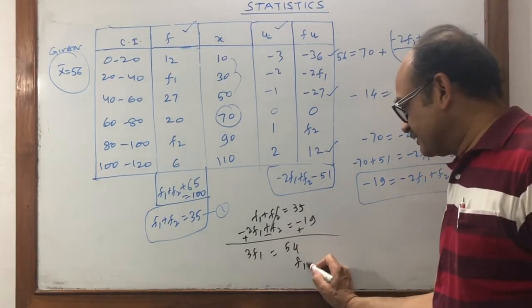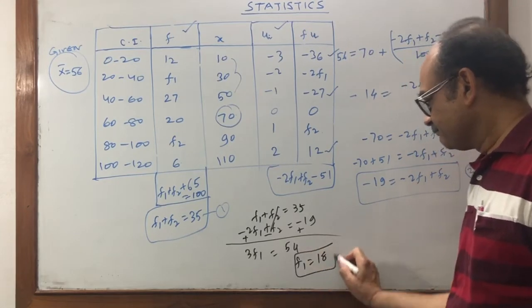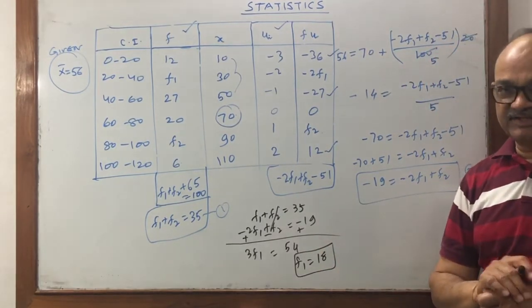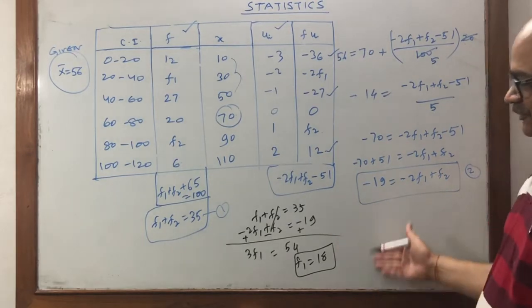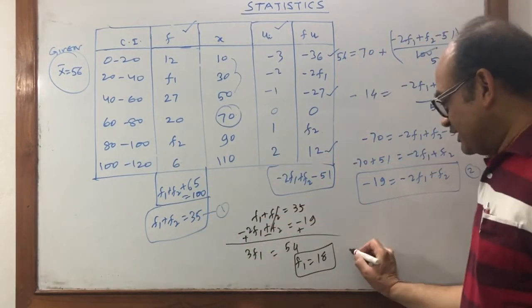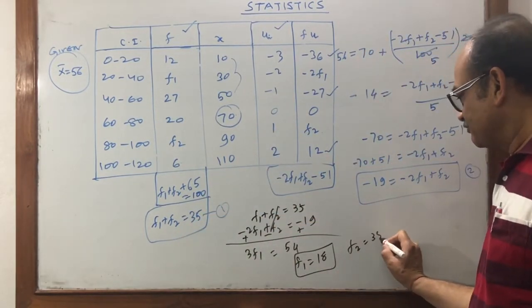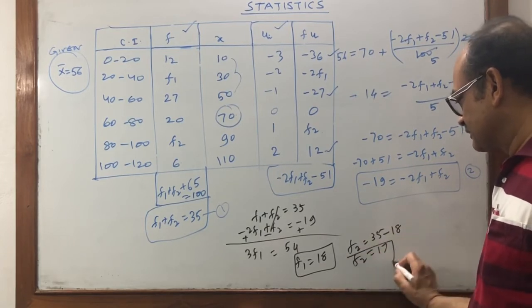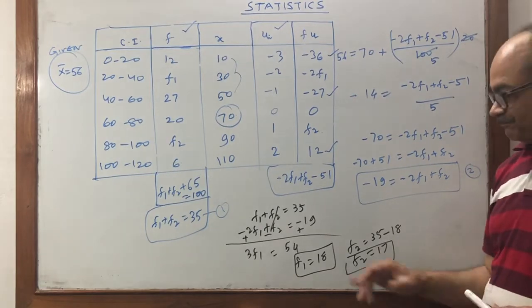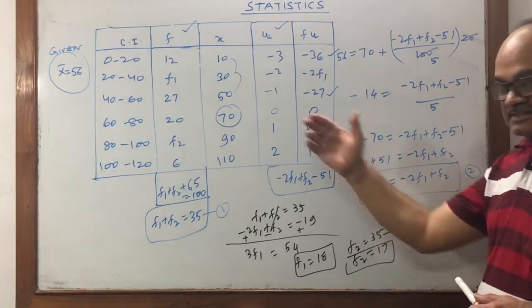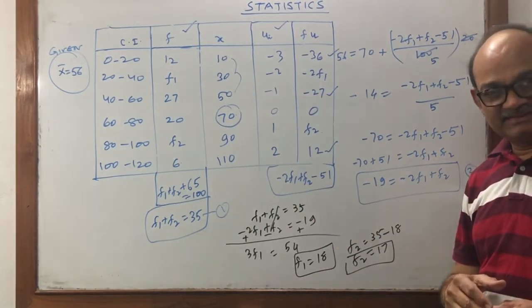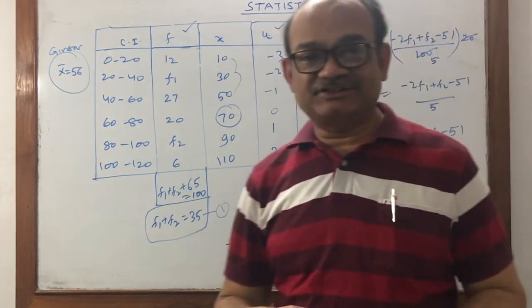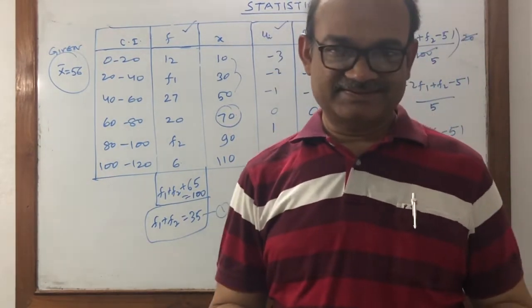So F1 is nothing but 18. And in the linear equation, if you know one variable, we can substitute in any one of the equations. So F2 equals 35 minus 18, that is 17. So first answer 18, second answer 17. Easy, but very important because these are questions from the previous year's board papers.